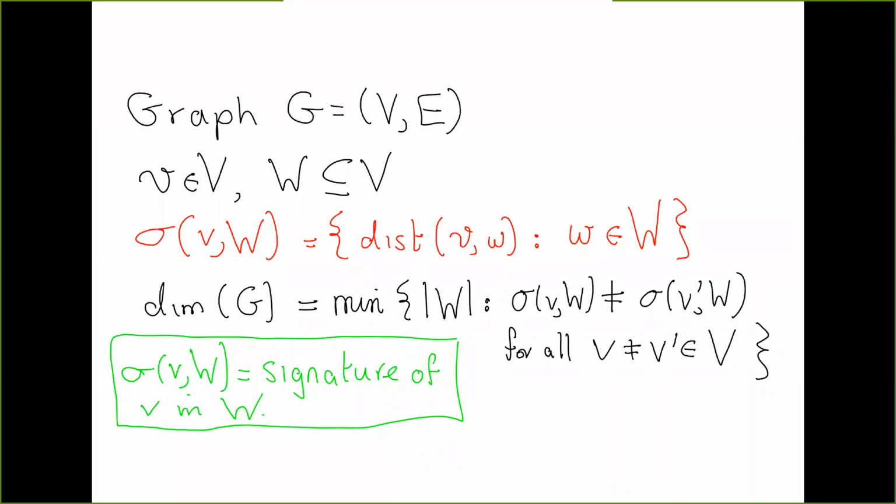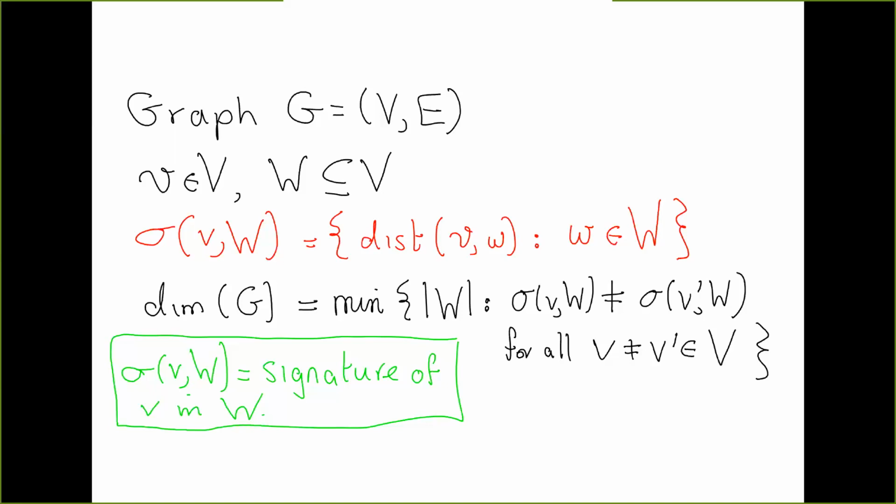So I'm going to talk about the localization game. You have a graph, G, and let's say for a vertex V and a set of vertices, capital W, we'll say that sigma is short for signature.